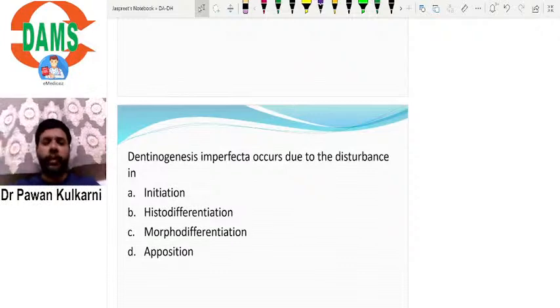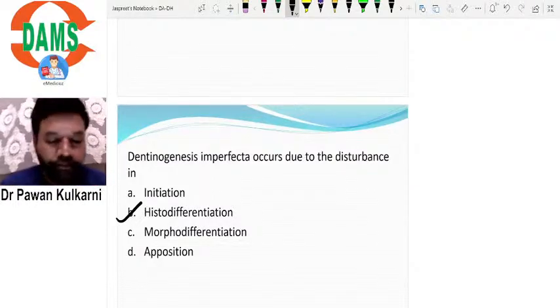That is a favorite topic. Whenever there is a problem in histodifferentiation, dentinogenesis imperfecta can occur, because histodifferentiation is the phase where the inner enamel epithelial cell becomes ameloblast and the dental papilla cell becomes odontoblast. Because of this process, you will see dentinogenesis imperfecta.